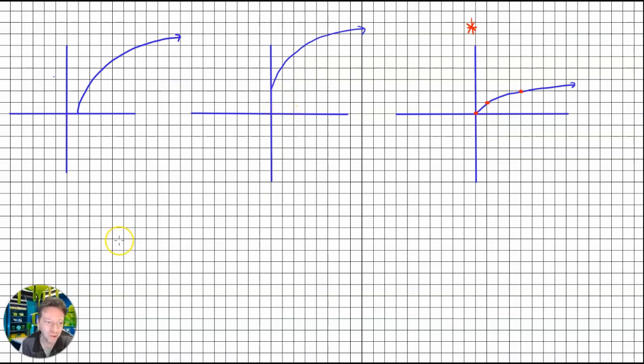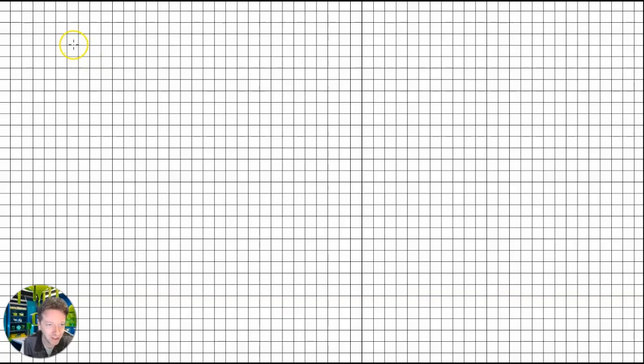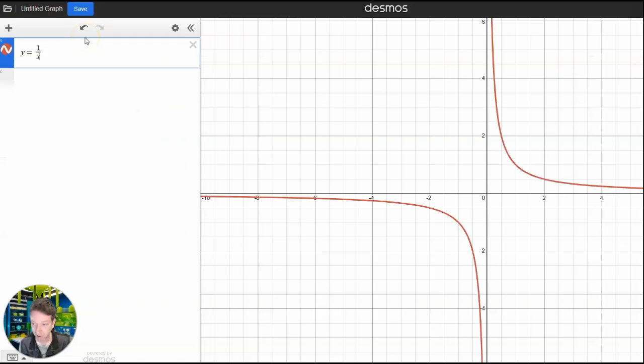Right? Let's move on to our last function for the video. And that is going to be our rational function, which is 1 over x, or I like to call it the boomerang function, because it looks like 2 boomerangs.